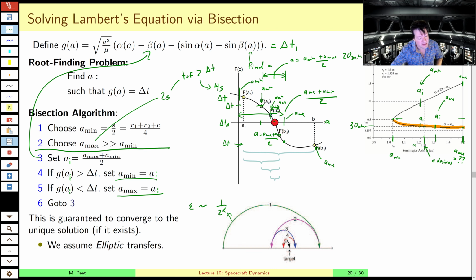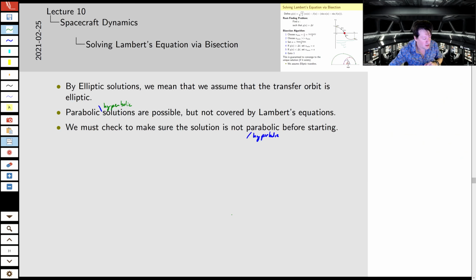But again, very easy to implement, and of course, utterly ill-suited to doing problems by hand because of the number of possible iterations. Again, caveats to this, we're considering only elliptic orbits now at this point. There are solutions for hyperbolic orbits, and in fact there's a unified approach to Lambert's equation for that case.